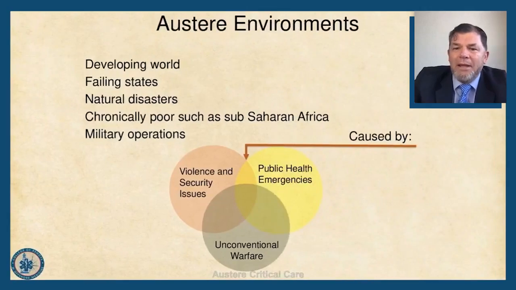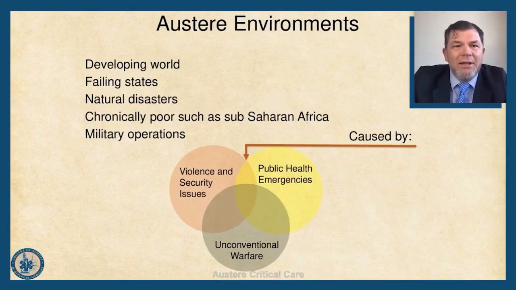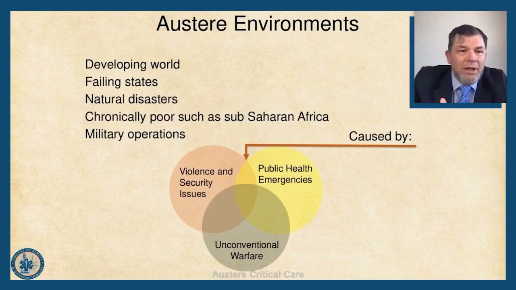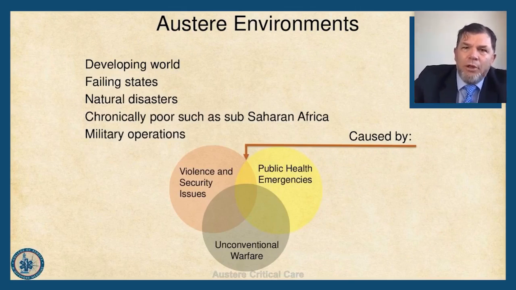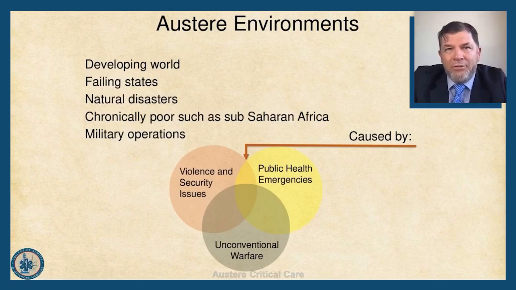Okay, what makes an austere environment is generally a situation. It's happening now in the developing world, and lots of countries I go to in East Asia and Africa have a developing healthcare system, and so their ICUs are not as robust as what we will see here in Europe or in the United States. It could be failing states such as Syria at the moment.